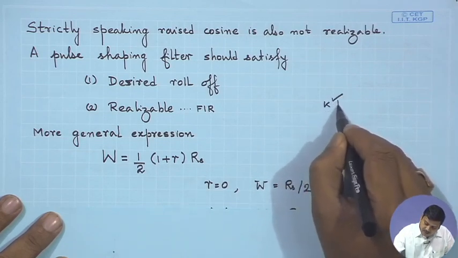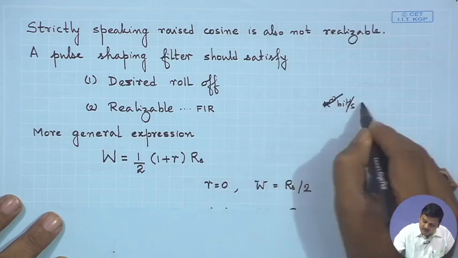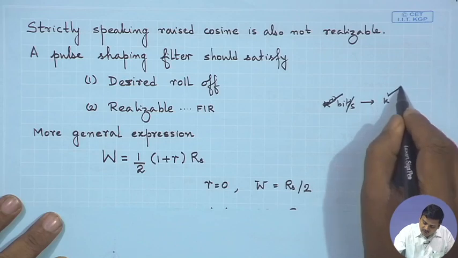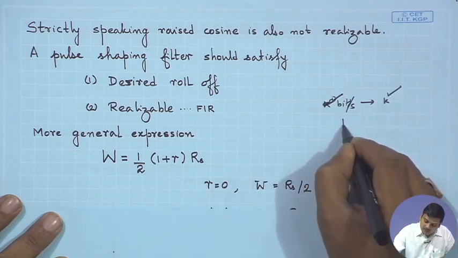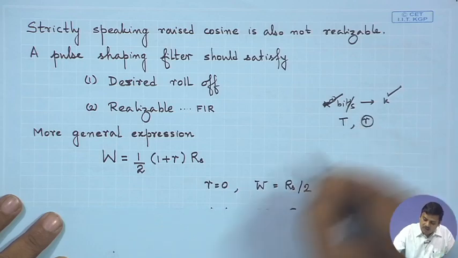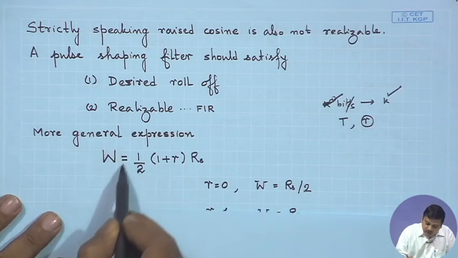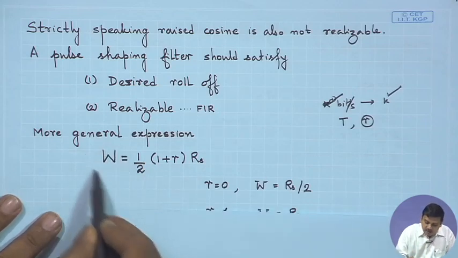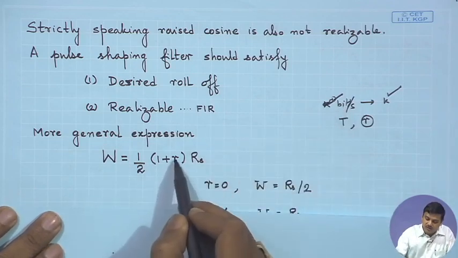Now through this relationship you can calculate, given a symbol rate, that means if k is specified, that means k bits per second if it is specified, you could calculate T if you know R, right. That is the reverse way of doing things. That means, I want to calculate the amount of bandwidth that is required given a certain bit rate and a roll-off factor.